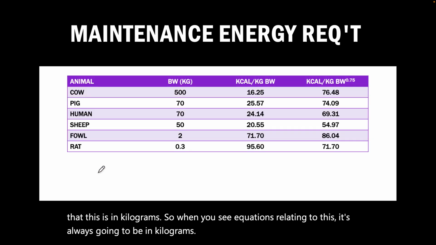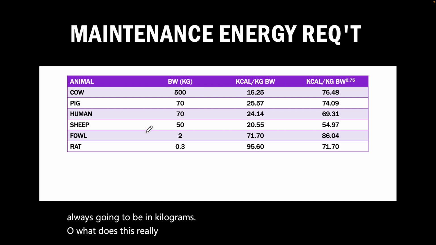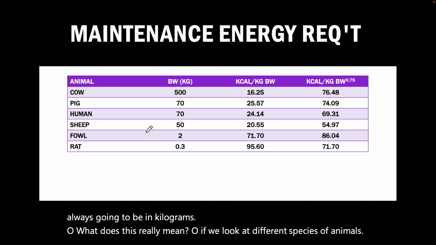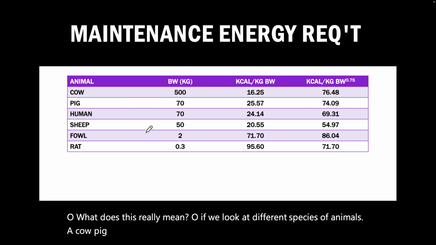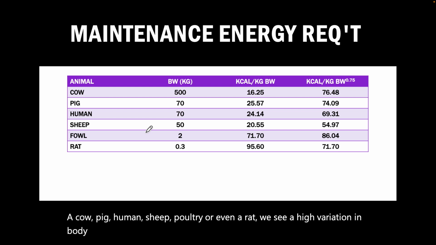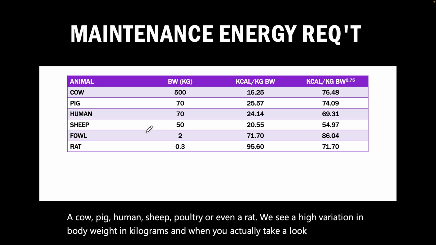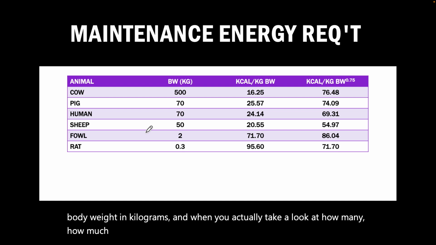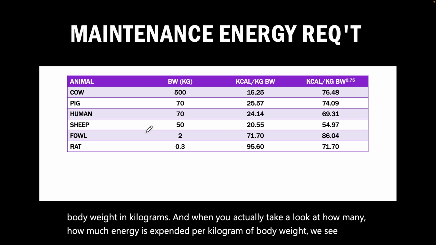So what does this really mean? If we look at different species of animals, a cow, pig, human, sheep, poultry, or even a rat, we see a high variation in body weight in kilograms. And when you take a look at how much energy is expended per kilogram of body weight, we see a wide variation.